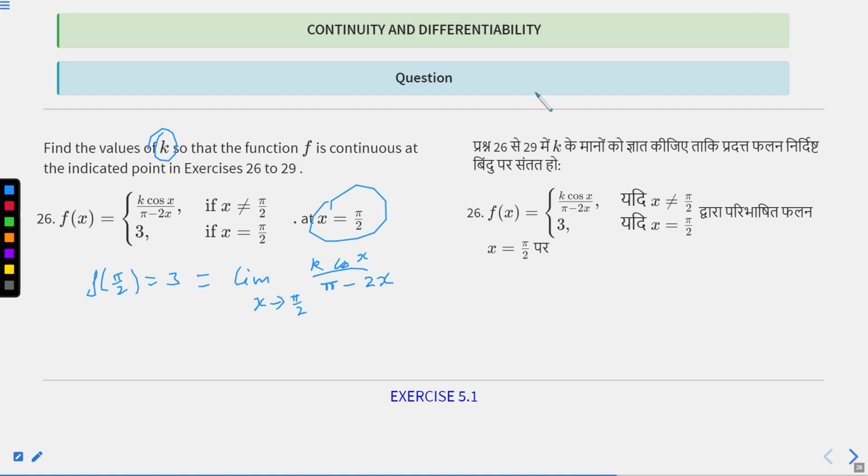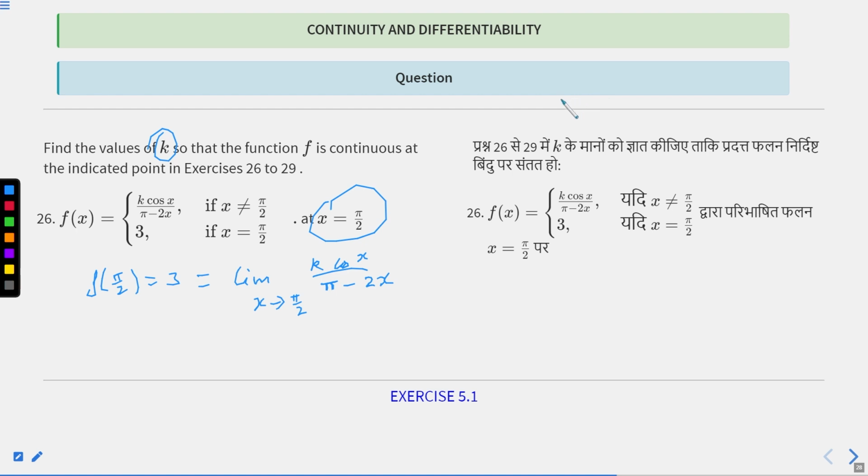Now, if you put pi by 2, then what will happen? Pi minus 2 multiplied with pi by 2, this will happen. So the denominator will vanish. We do not want that denominator to vanish.